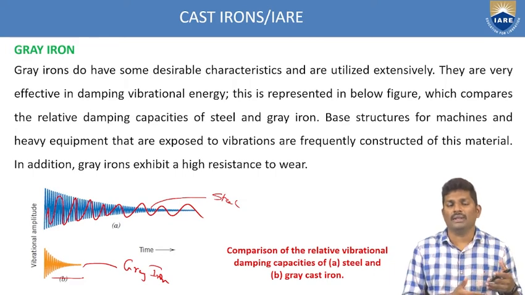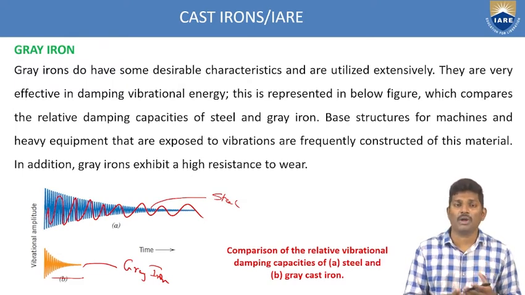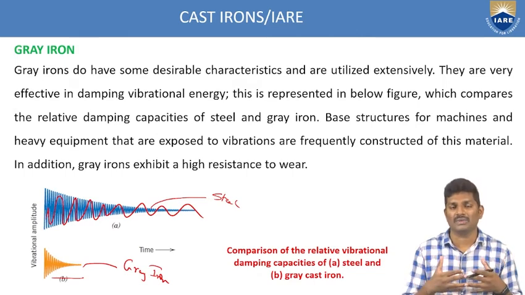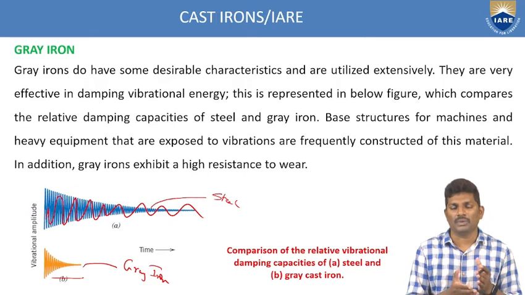So depending upon the application, you have to select your material. How do you select a material? You have to know the properties. How can you know the properties? Once you know the microstructure. Each and everything is interrelated: the microstructure, the properties, the applications. That's why one needs to know the proper microstructure and the mechanical properties to identify the material for the required application.